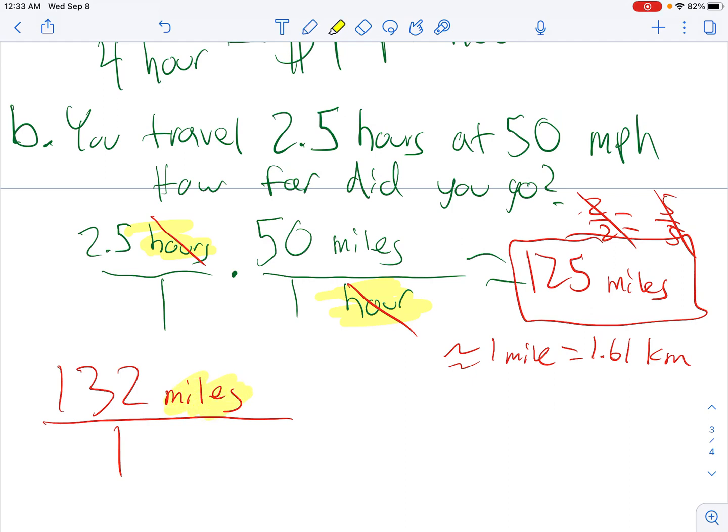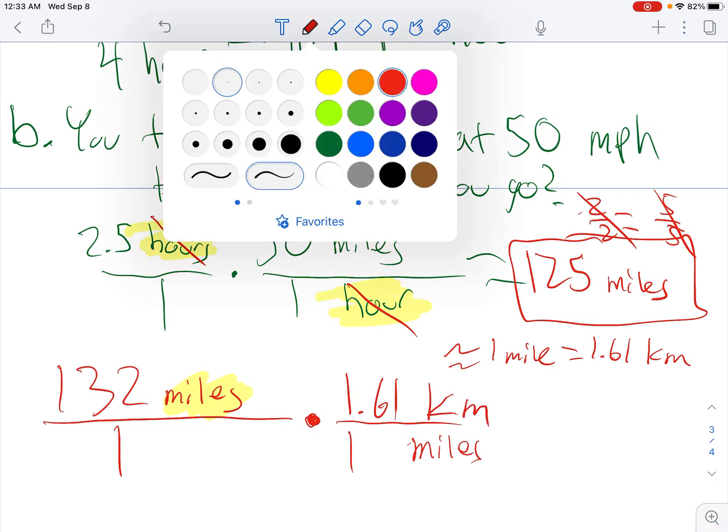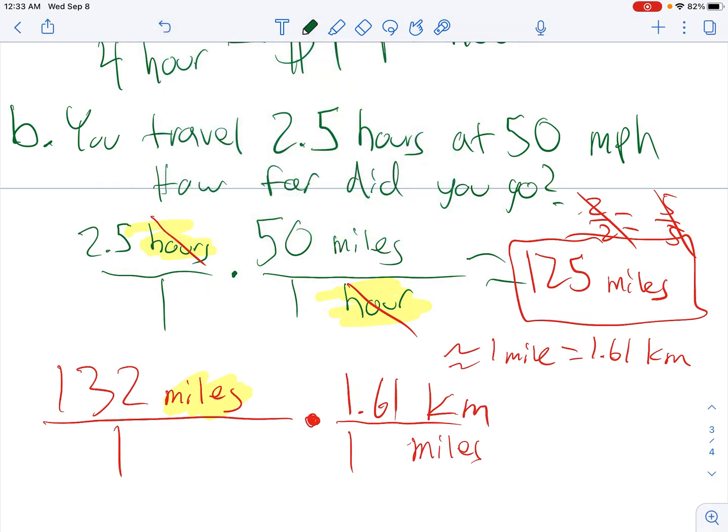So again, if I look at my problem and I say, hey, I have miles on the top, in order to cancel out miles, I'm going to put miles on the bottom, and I'm going to put 1 mile. But what's equivalent to 1 mile? Well, according to our conversion chart, it's 1.61 kilometers. So again, I'm not changing the problem because 1.61 kilometers equals 1 mile.